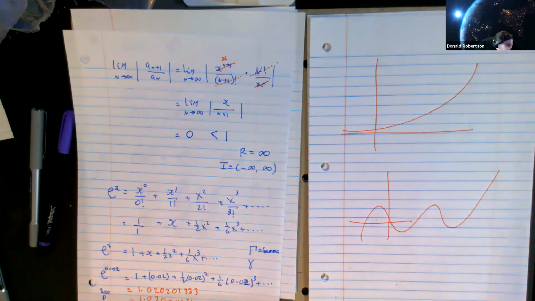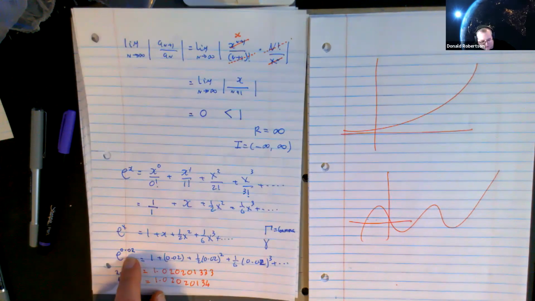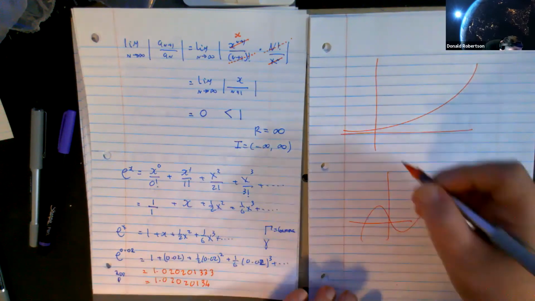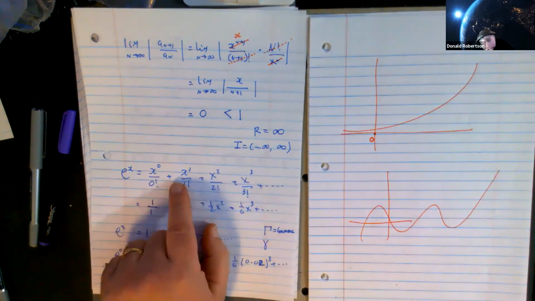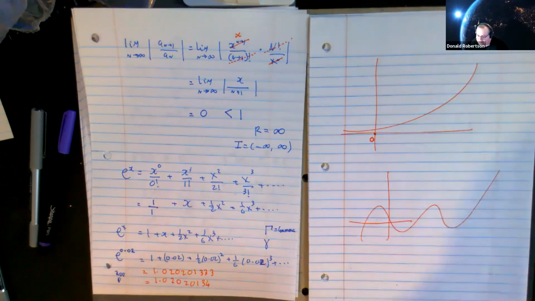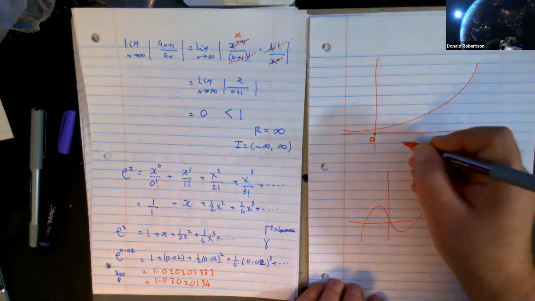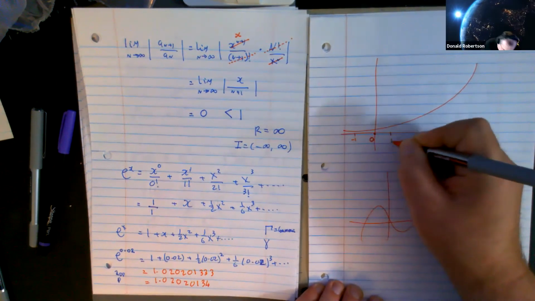Now, the reason I chose a value of x that is very close to 0 is because in Maclaurin, you're centered at 0. So it's very good with only a few terms as long as you stick close to 1.